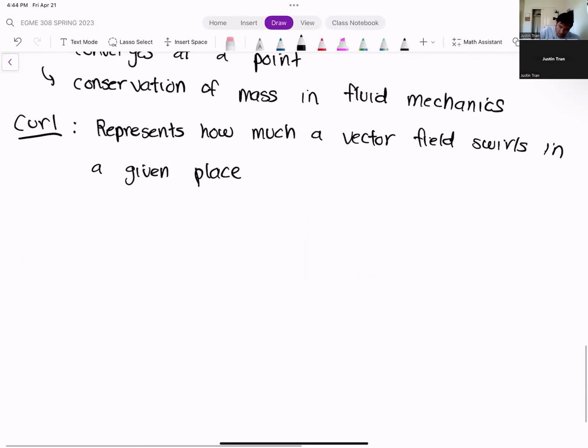Okay. And so we have nabla crossed with the V. In order to compute it, you would take kind of a pseudo cross product between these two things.